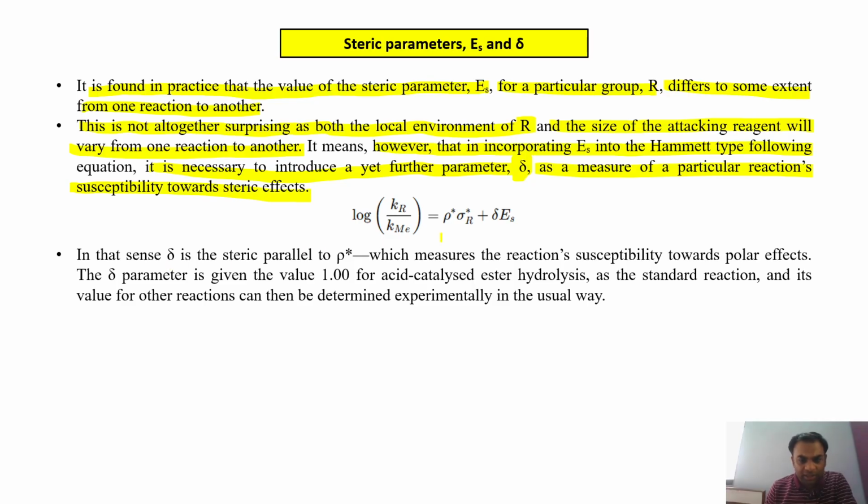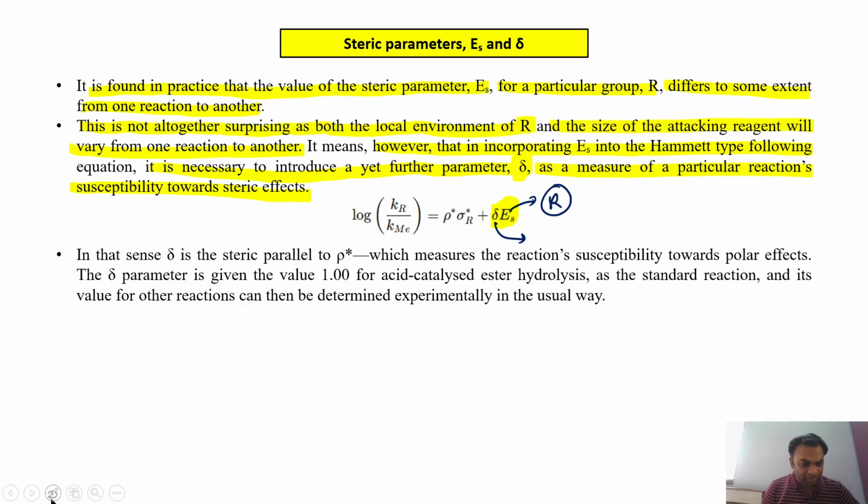Now, what is this steric parameter? Here two steric parameters are introduced. The steric parameter ES is for the R group in aliphatic reactions, and delta is for the incoming reagent or attacking reagent for that particular type of reaction of aliphatic compounds.